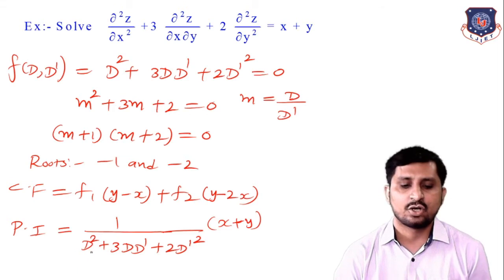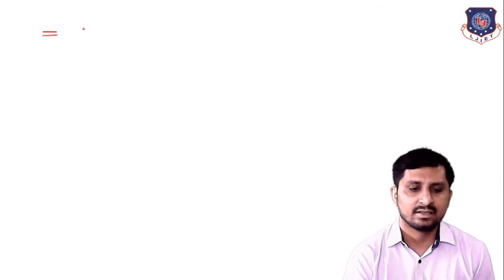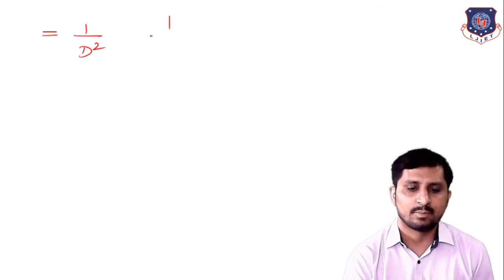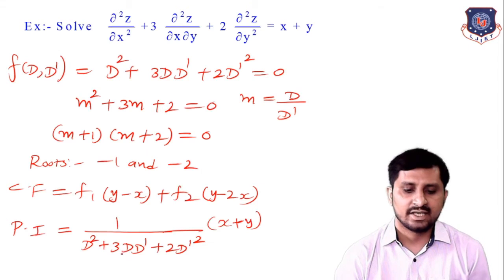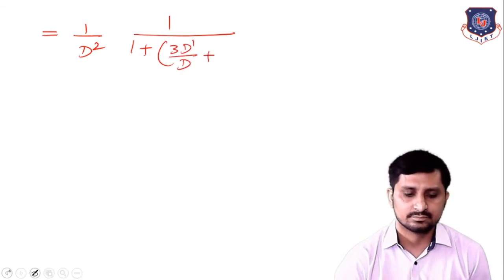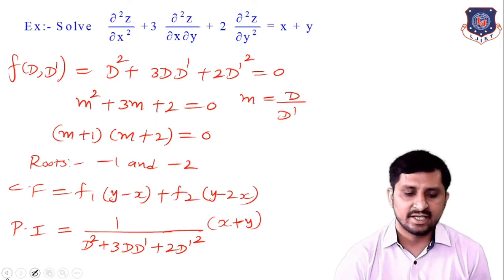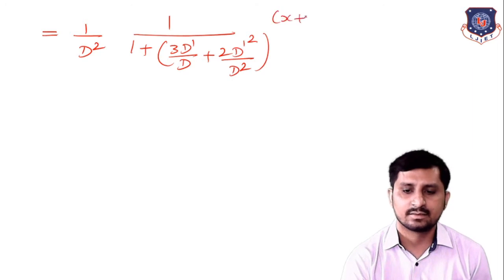So you have to take 1 upon D square common. This equals 1 upon D square into 1 upon 1 plus 3D dash upon D plus 2D dash square upon D square, acting on x plus y.